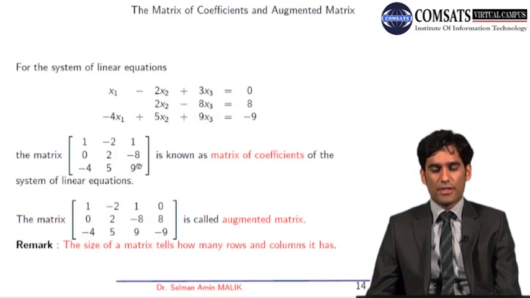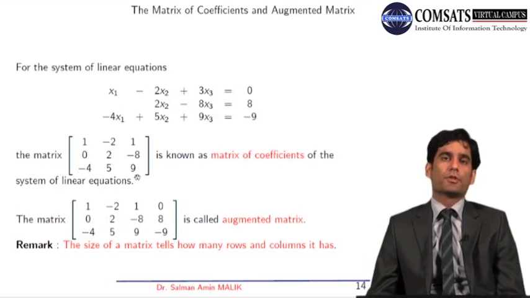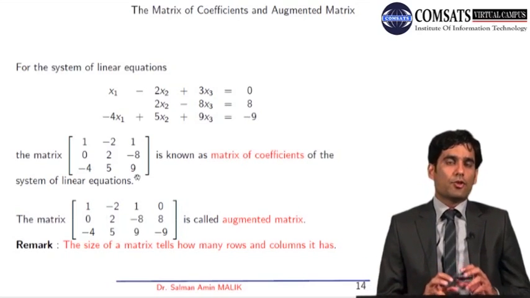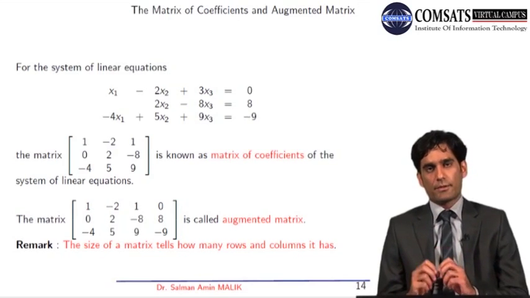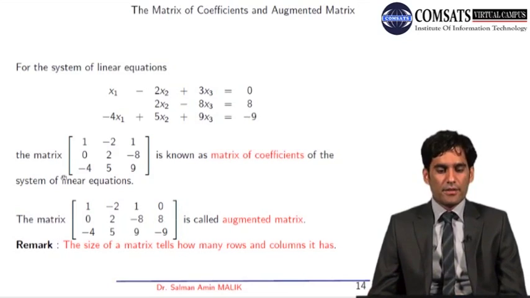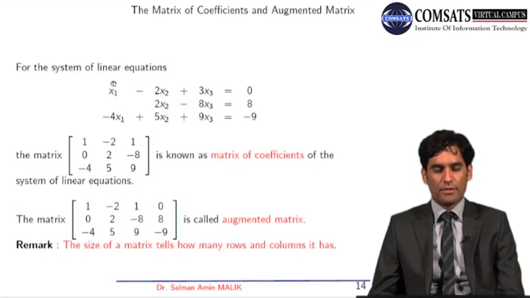The first matrix is known as the matrix of coefficients, in which we collect all the coefficients of the variables in our system of linear equations. If you notice, these columns are the coefficients of the variables.